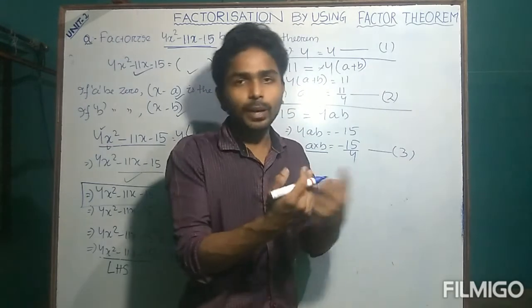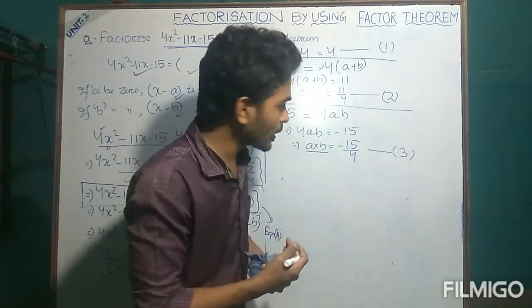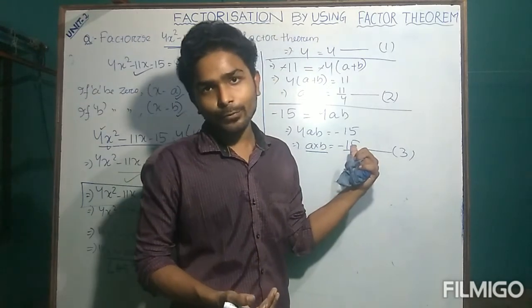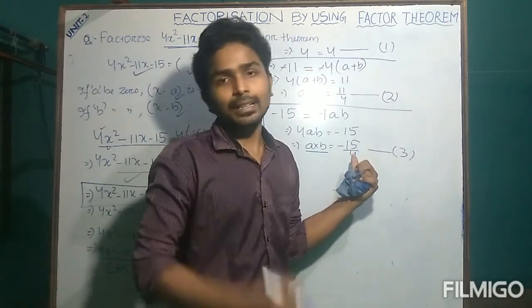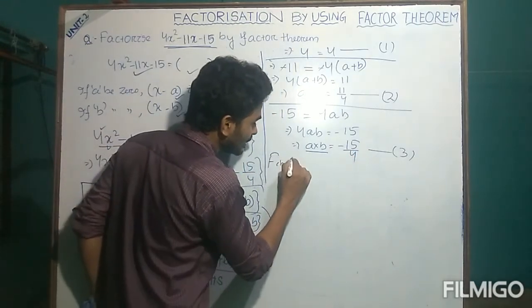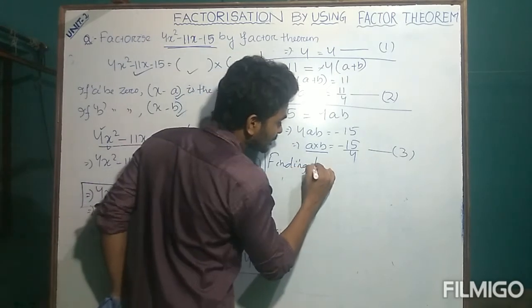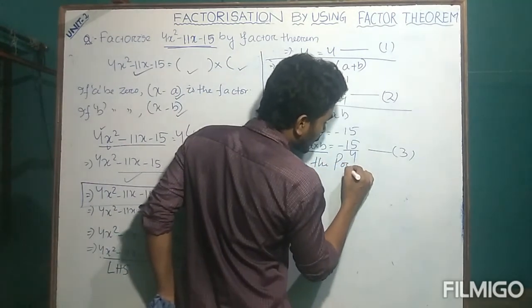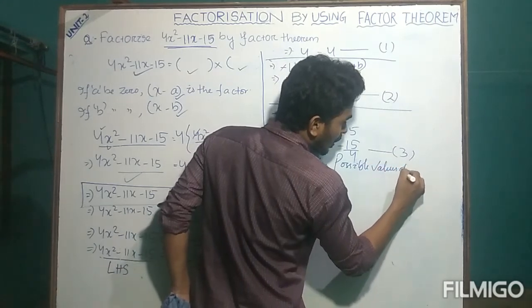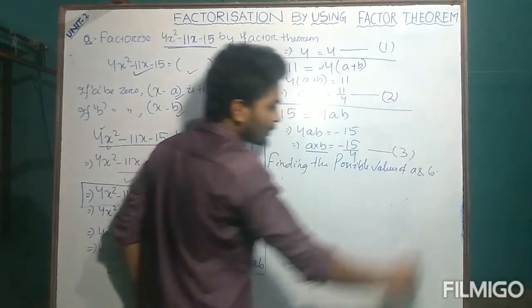These are the possible values that we need to find first, because we do not know the exact value of a and b, and our target is to find that exact value. So let us find the possible values of a and b.